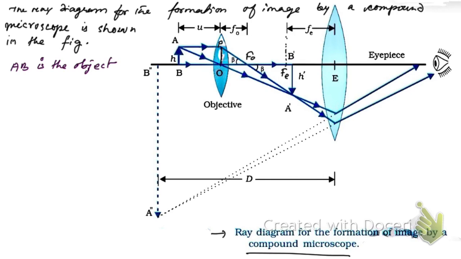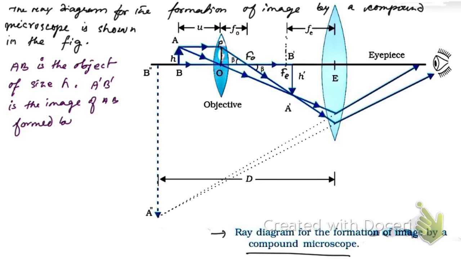AB is the object of size h, and A'B' is the image of AB formed by the objective lens.